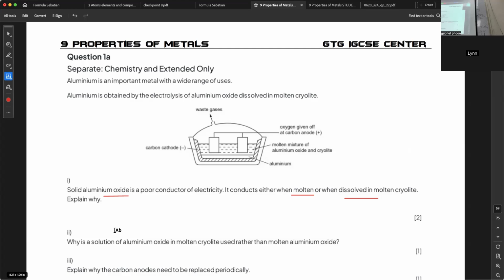Okay, something that has already melted, I think a metal melted is considered molten. All that is dissolved in molten cryolite. Solid aluminium is a poor conductor because it has no free moving electrons, whereas molten or dissolved cryolite has free moving electrons.